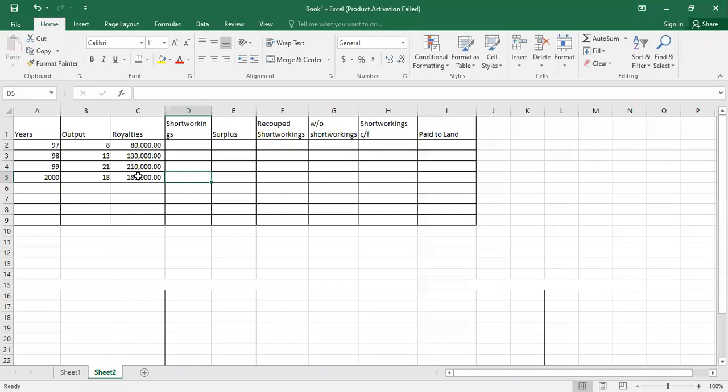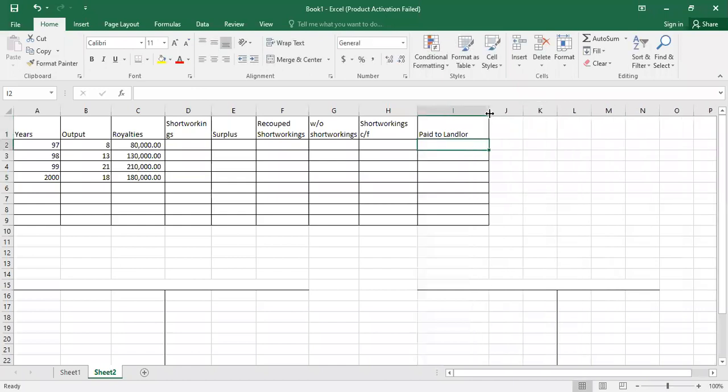This is what is now payable to the landlord. In the first case, we can say paid to landlord: 150,000.